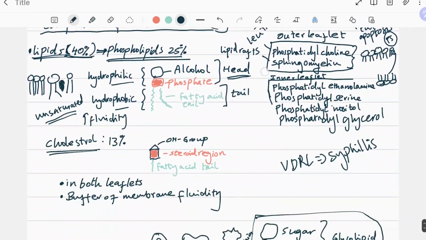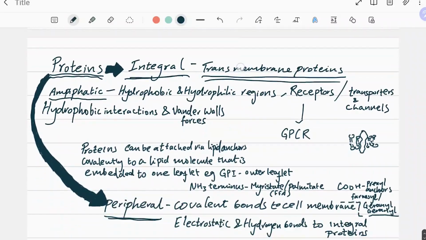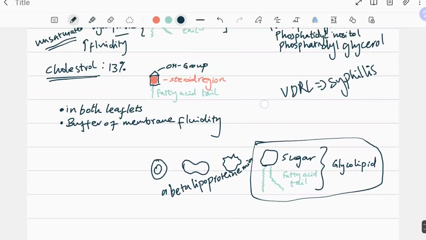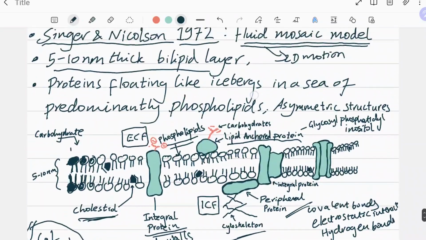Usually they sense some ligand or chemical which interacts on one side, and they pass a signal inside the cell. So they are usually receptors, or transporters, carrier proteins and pumps, which are responsible for transport across the cell membrane. And you should remember that the parts that cross the membrane are the hydrophobic regions, which you see over here.